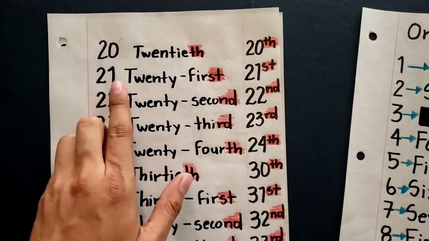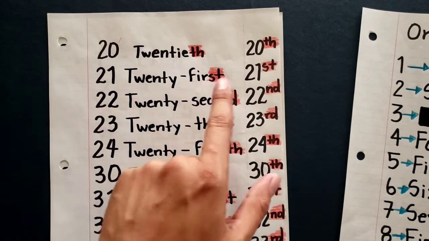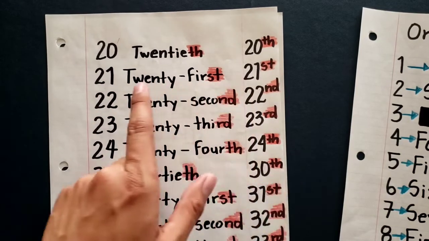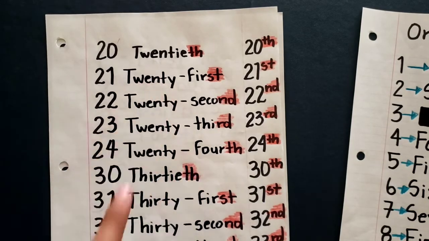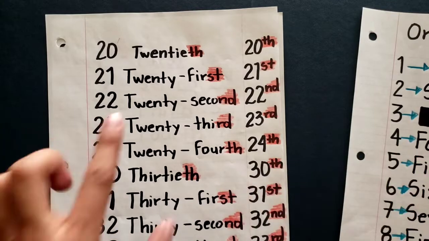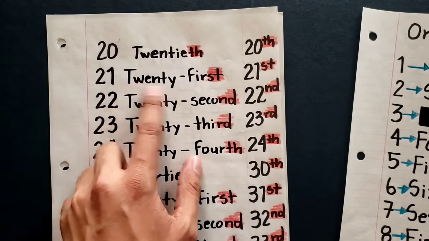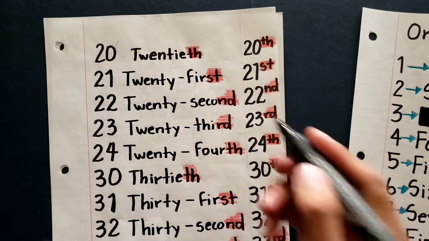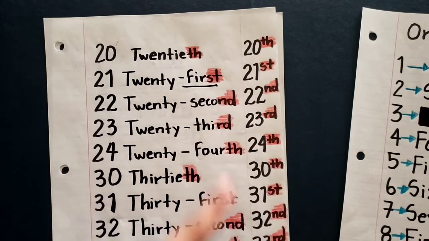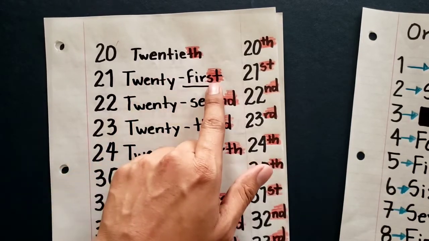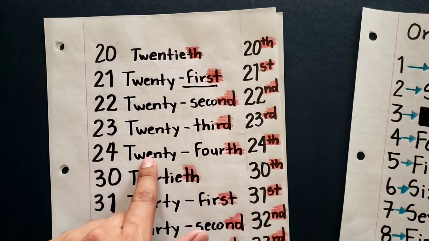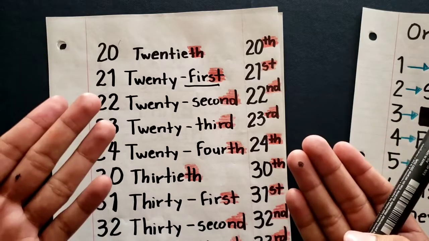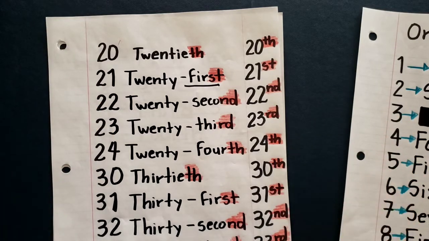When we write 21 in cardinal, in ordinal we say 21st. As you may notice, we didn't change the first number. We leave it the same, 20. The one that we change is the second number, which is first: 21st, 22nd, 23rd, 24th, 25th, 26th, 27th, and so on.